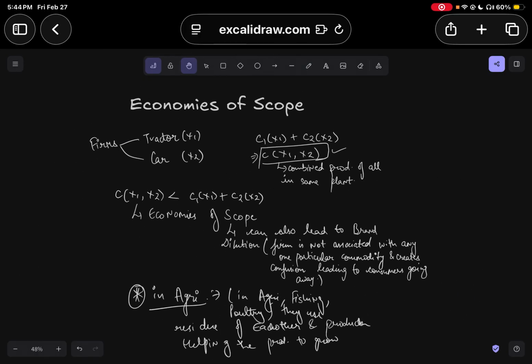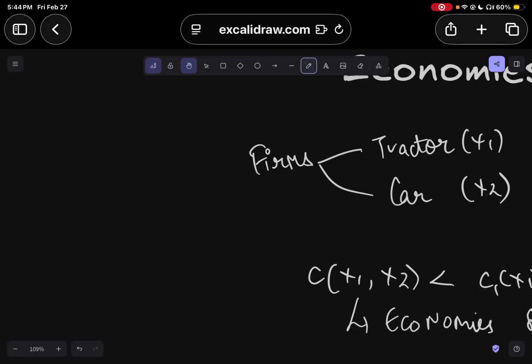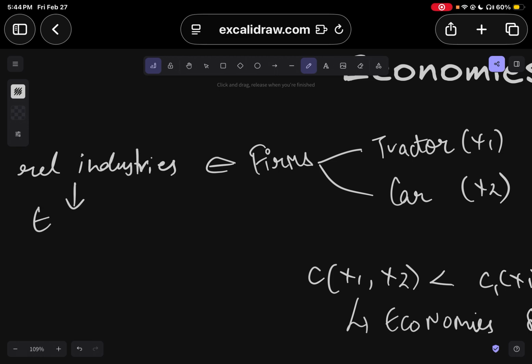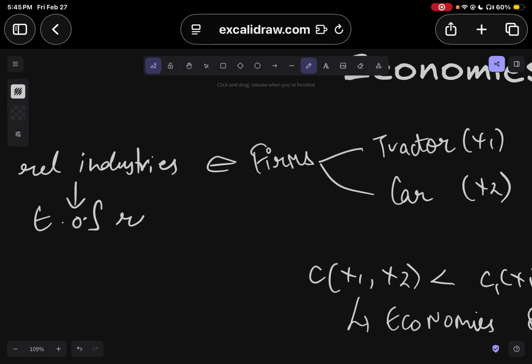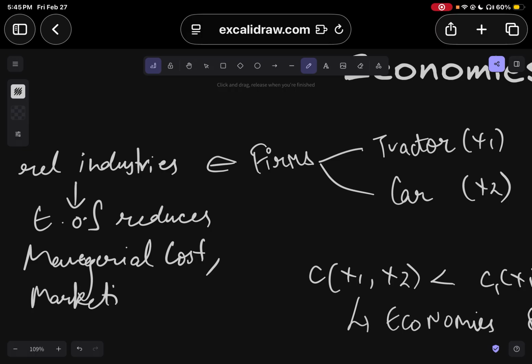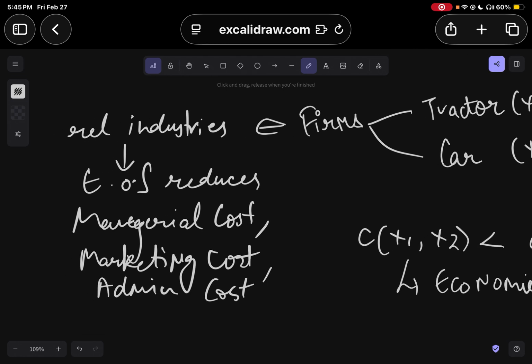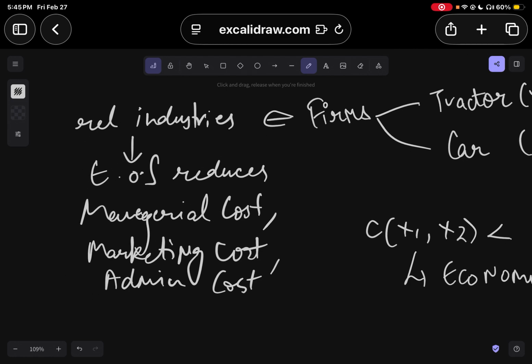So since these products are related to each other, economies of scope reduces managerial cost, marketing cost, administrative cost, and this can be combined to reduce overall cost burden for a combined plant.